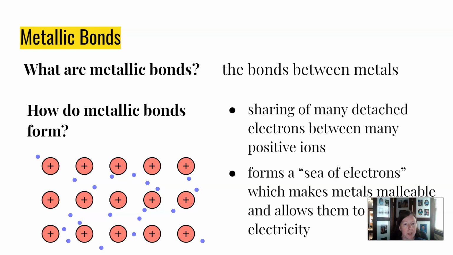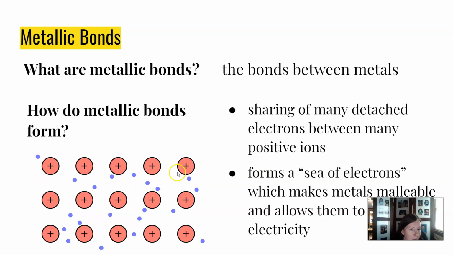So they're going to push as far apart as they can from each other, and it's going to cause them to line up. But what happens with the electrons in a metallic bond that's different is, as you can see in the picture, they're in all kinds of different places, and they're moving. They're shared between all the atoms, and they call it a sea of electrons.